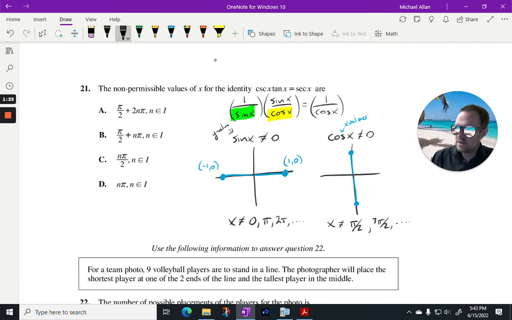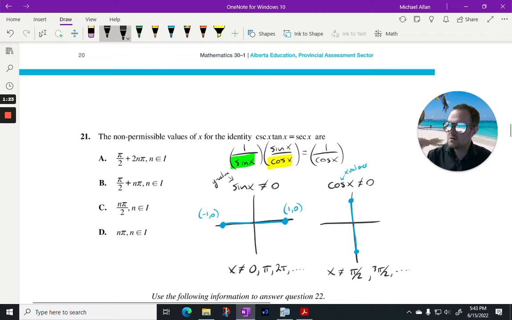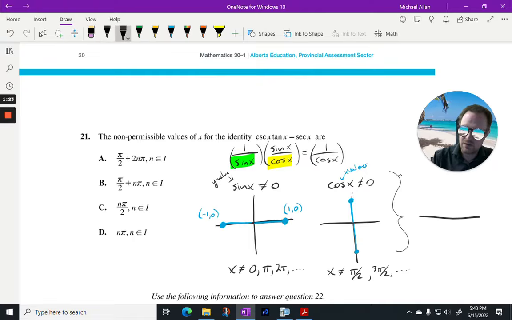Now you notice they only give us one general solution over here, so we've got to think, is there a pattern? If I put these both together, can I create a pattern? If I were to write them on one set of axes, I have 0, 90, 180, and 270.